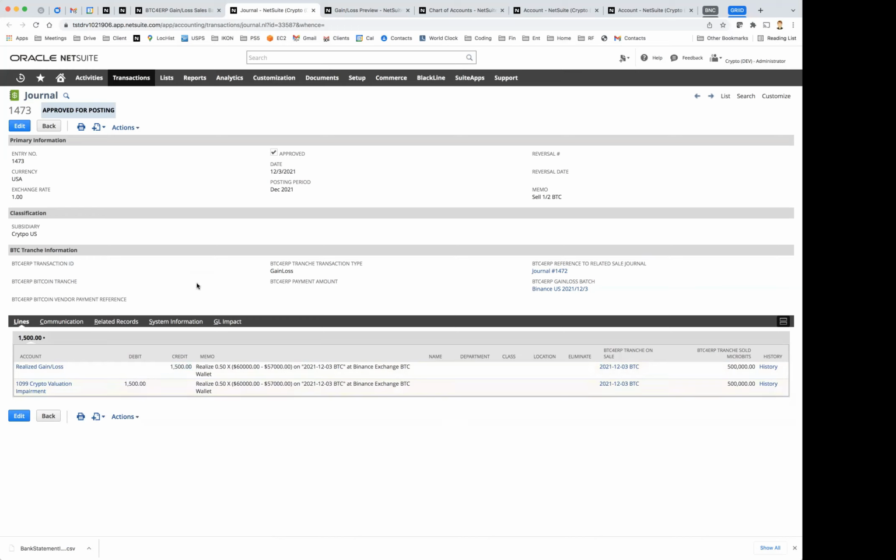Question on this. So the other side of this entry right now is to impairment. What would be the other side of the entry in our case? Unrealized gain loss? Well, here's the realized gain loss right here. It would probably still be this impairment. So when it does its mark to market at the end of the month, it's going to hit the actual wallet and then hit unrealized gain or loss at that point, with the mark to market.